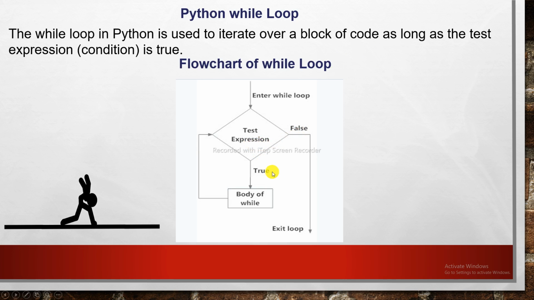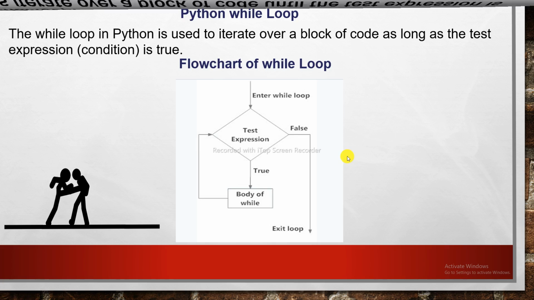If your expression is true, it will go inside the body and execute the statements you defined. Once the condition is false, it will exit the loop. I hope you understand this while loop, and let me proceed with another slide.